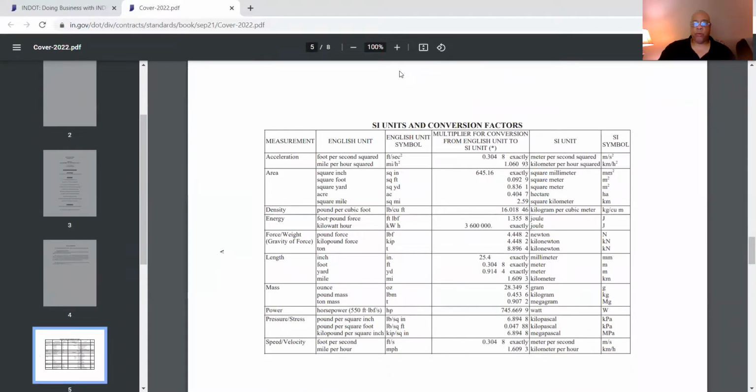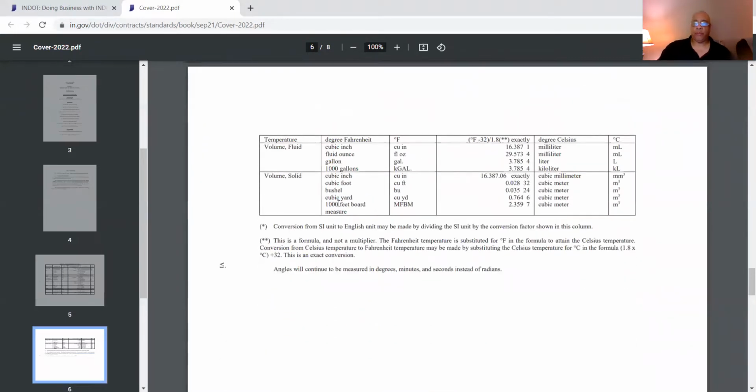Also, you deal with your conversion factors, because on a construction project, you deal with area. Area is in square yards. Now, how do I get square yards? Well, right here, these conversion factors tell you how you can do it. You have square yards, you have cubic yards when you deal with volume.